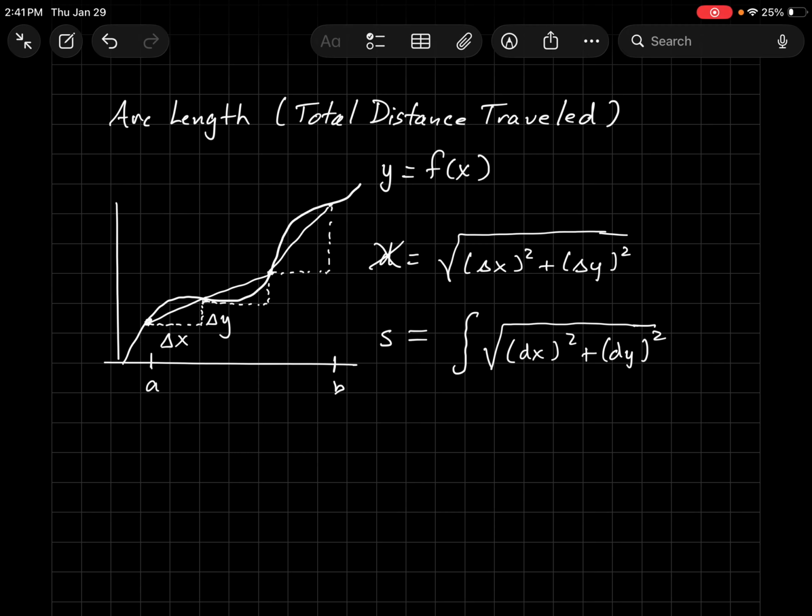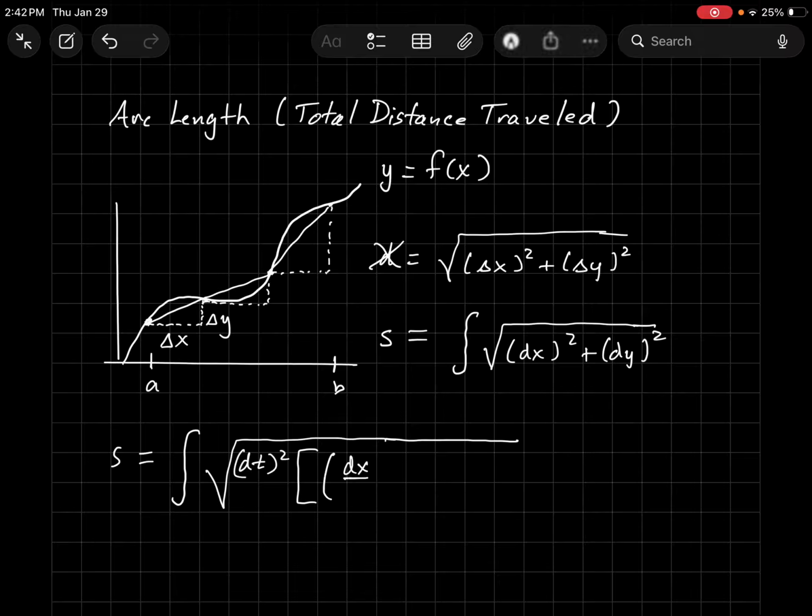But how do I evaluate an integral that looks like this? Well, let's do a little bit of algebra. Let's factor a dt squared out of both pieces, even though there wasn't a dt squared to begin with. But if I do that, I could rewrite this as dx over dt squared plus dy over dt squared.